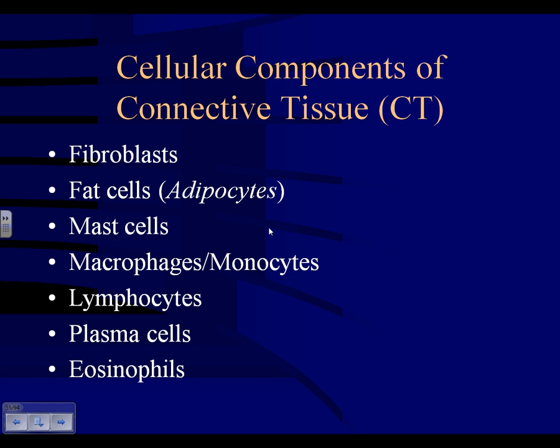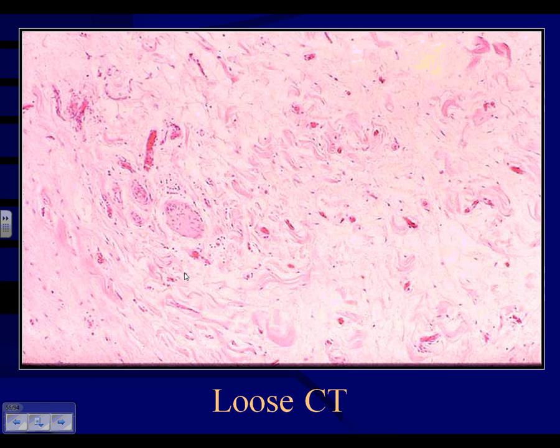Mast cells are commonly seen in connective tissue. They come from the bone marrow, and we'll see a picture of them in a second. Macrophages and monocytes, actually all of these other cells come from the bone marrow. They didn't generate there, they just came there to live. So macrophages, monocytes, lymphocytes, plasma cells, eosinophils all came from bone marrow and took up space in the connective tissue.